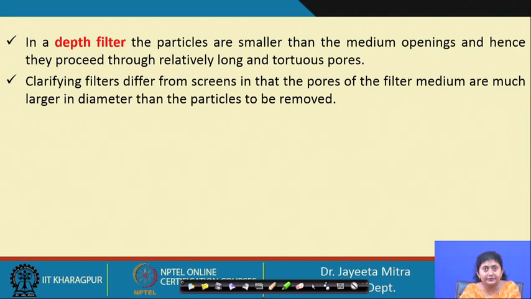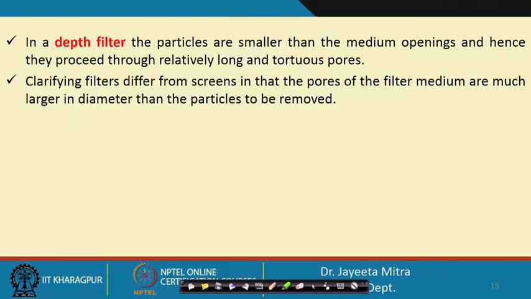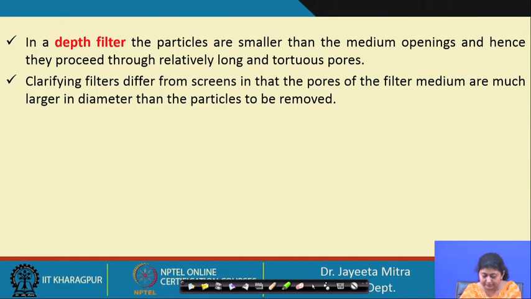In case of a screen, we assume that the equivalent diameter of the particle is just equivalent to the screen opening size. But here the particles are very much smaller than the size of the openings or the perforations.